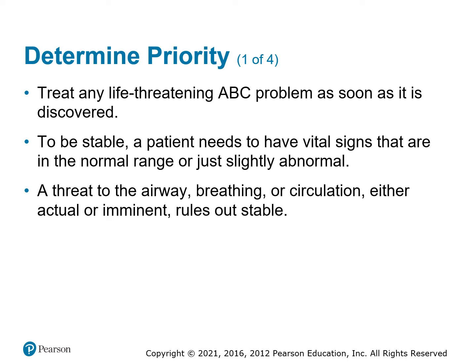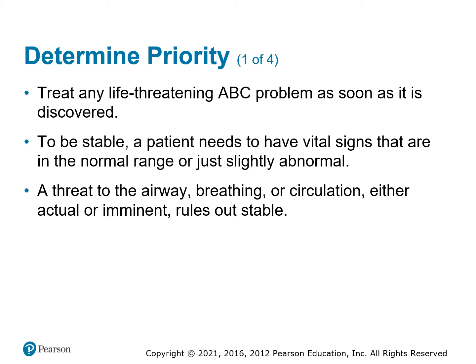A good way to also measure this is to ask the patient, if they're able, what's normal for them, because although a normal blood pressure might be 120 over 80 by the textbook, your patient's normal might be slightly different. So as long as they're within what their normal is, then you can still consider them stable when it comes to determining that priority.